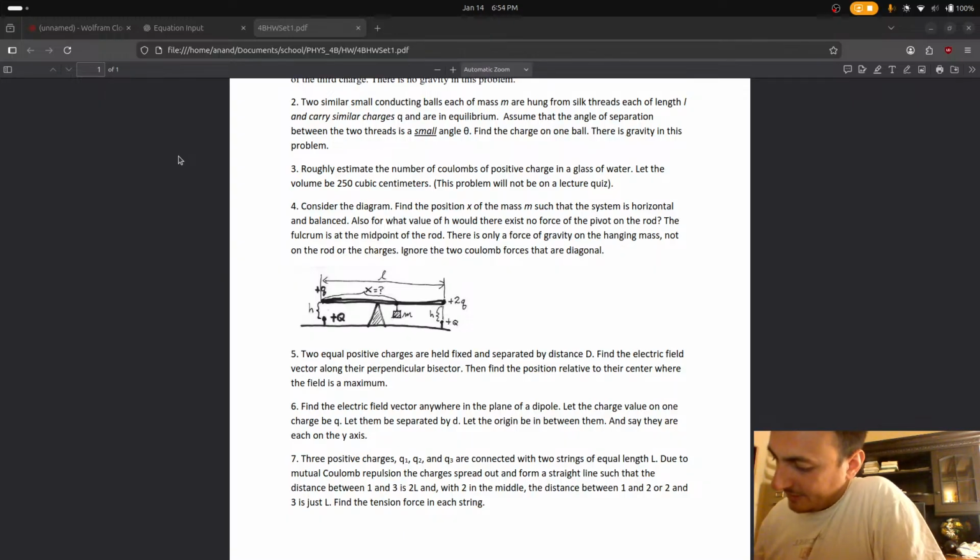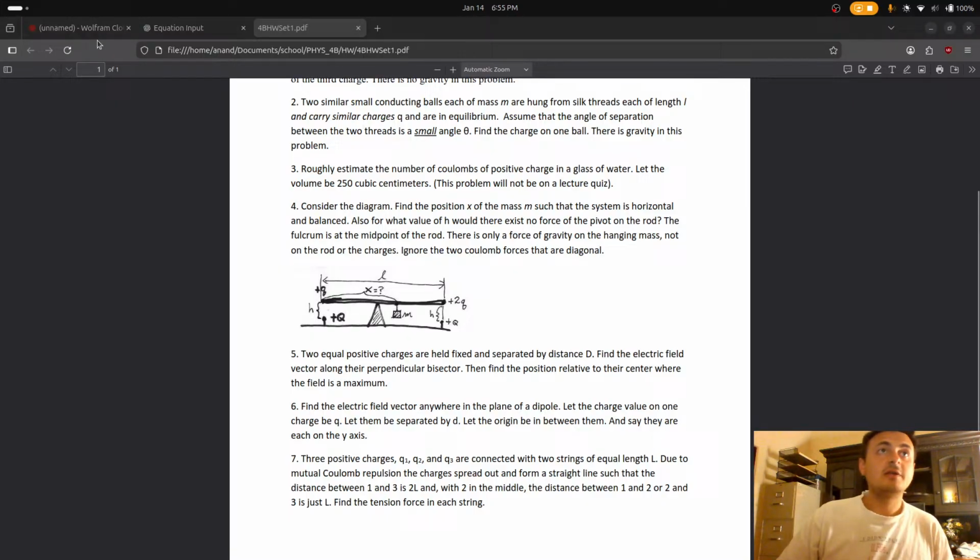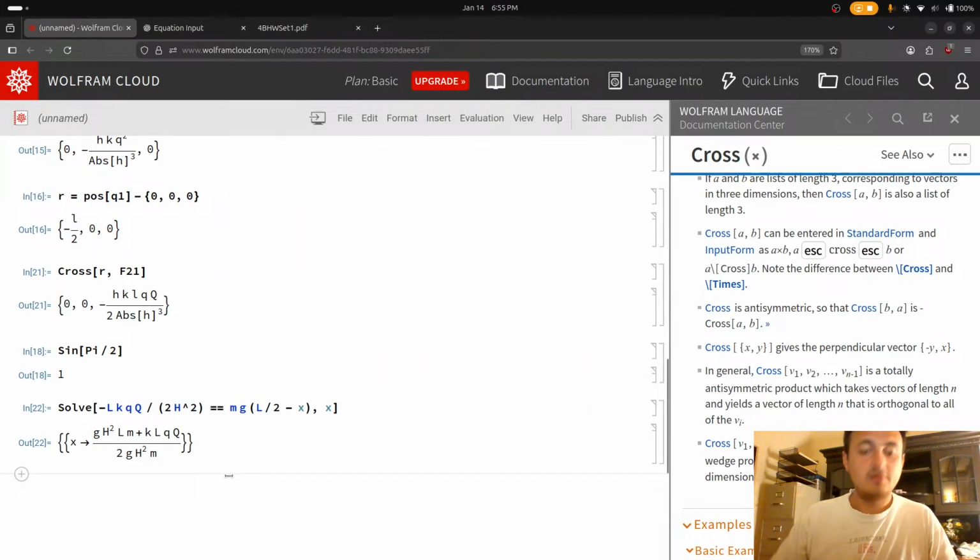Q3 is a different thing, plus big Q, at L over 2, minus H, 0. And then Q4 is again plus big Q, at minus L over 2, minus H, 0. Okay, so let me write that down in here. So now we're going to do problem 4.